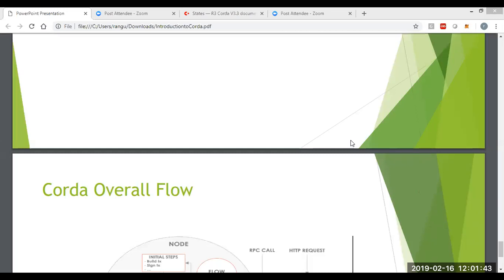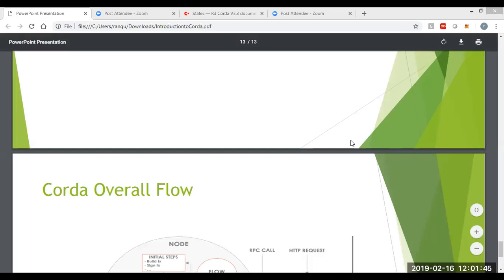Yeah, can you see my screen right now? What do you see? Is it the PDF? No, Rangesh, we are seeing the PDF only. Right, I'll reshare it again. Okay.